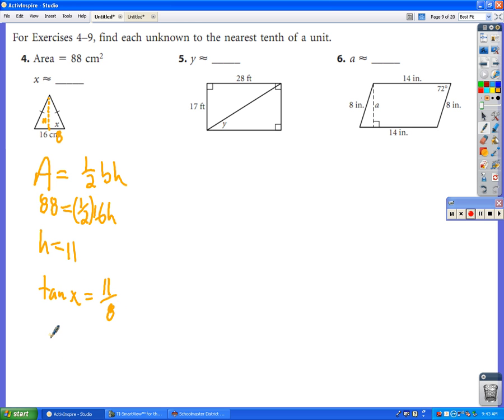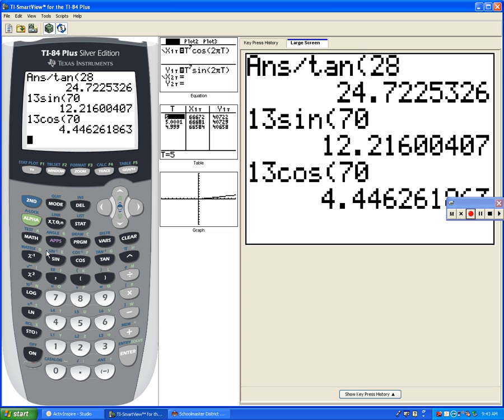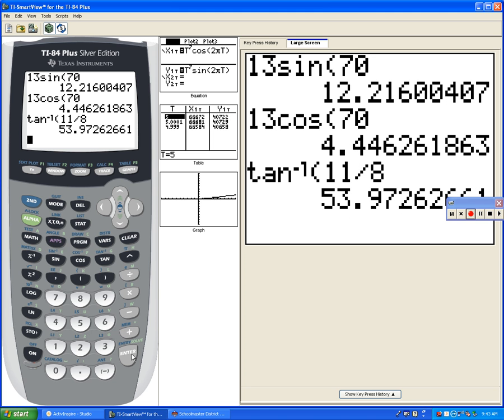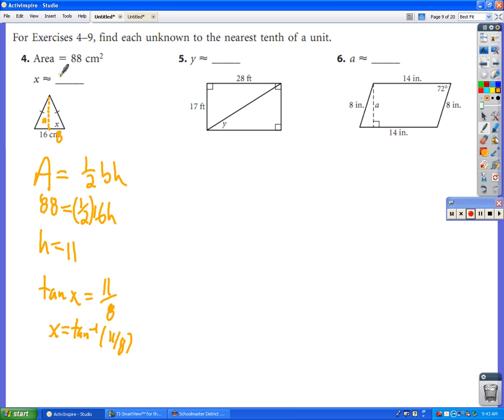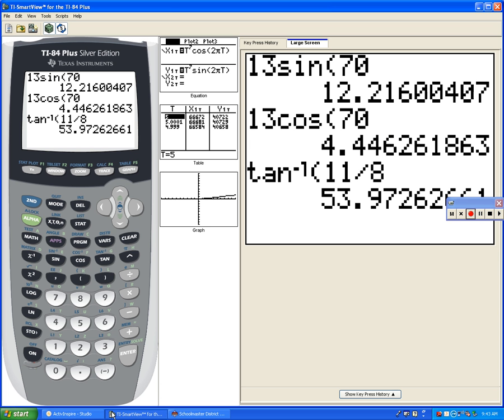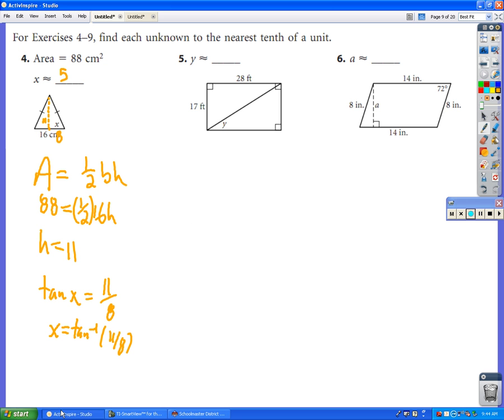But since I'm looking for an angle, I have to do inverse tangent. So that is going to be second tangent of 11 divided by 8. So x is going to be about 54 degrees, to the nearest tenth, 54.2.